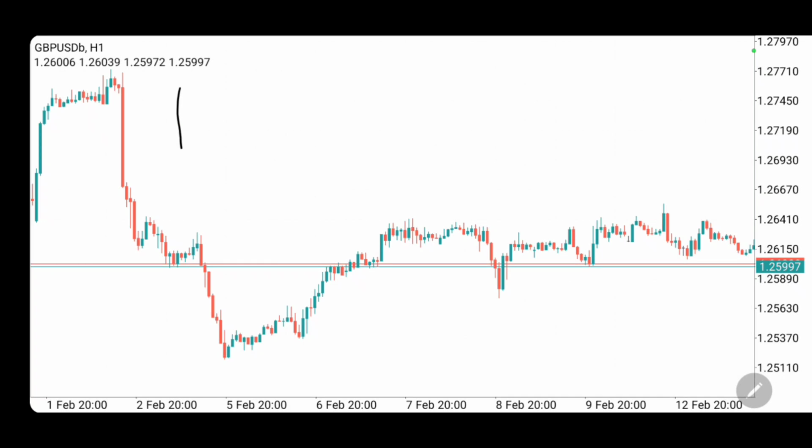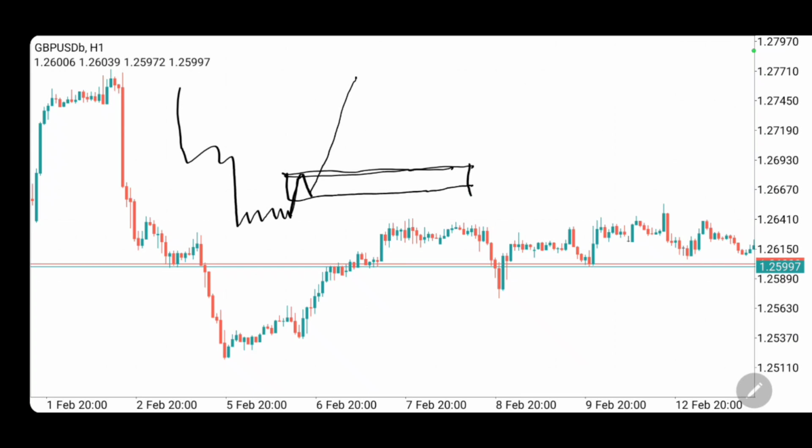If you have a zone like this and you are trying to trade the mitigation of this zone, you would want to take a trade from this demand zone, but not known to you, this is a liquidity pool. So the market would not just come here, mitigate this zone and buy.